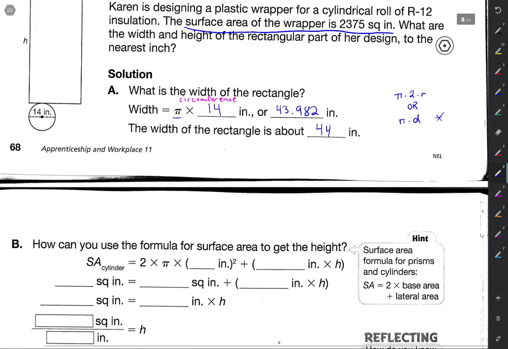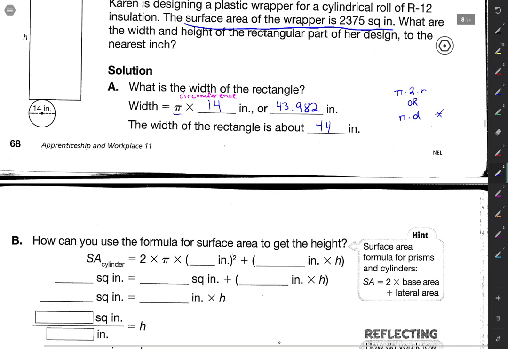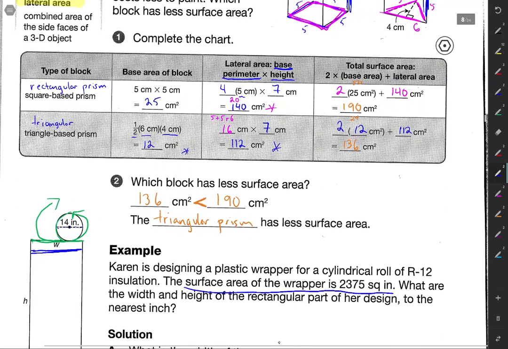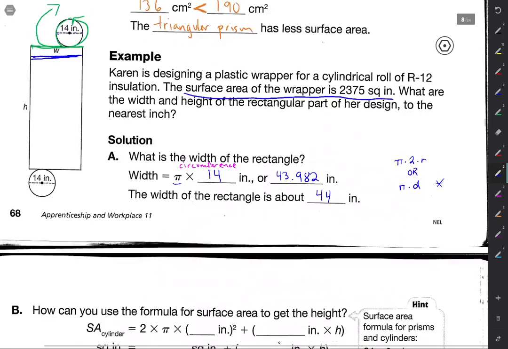So now let's see how we can use this formula for surface area to get the height. Now remember, the surface area formula that we used in this chart here was finding the base and timesing it by 2. So we found the area of the base and we timesed it by 2. And then we found the lateral area and added that to it. So we're going to do the same thing here.